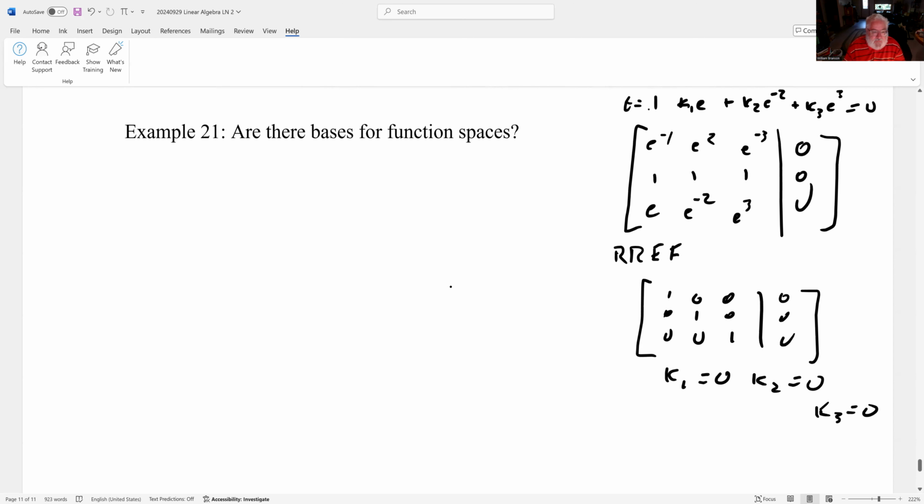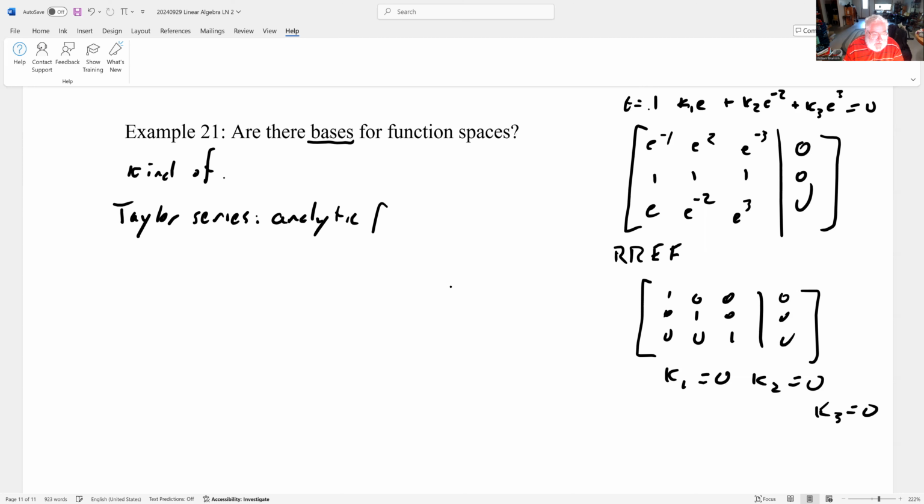So are there bases for function spaces? Kind of. Depends on the function space. There's a class of functions called analytic functions, right? And a Taylor series gives you a basis, right?